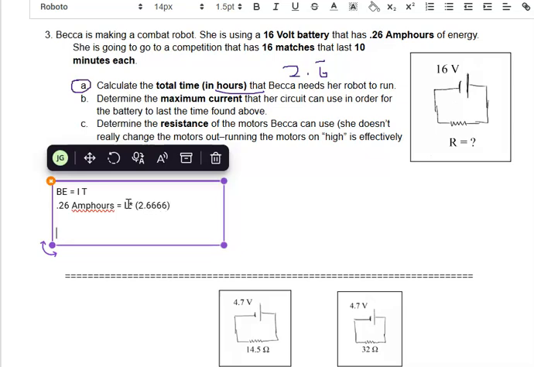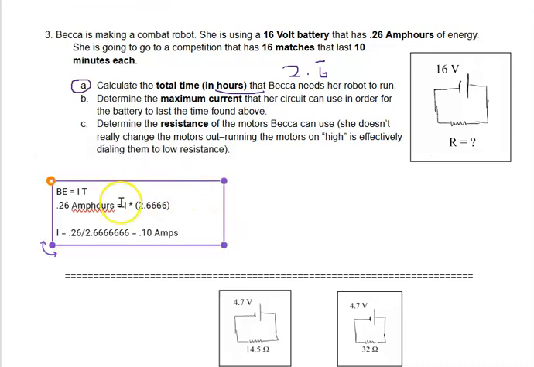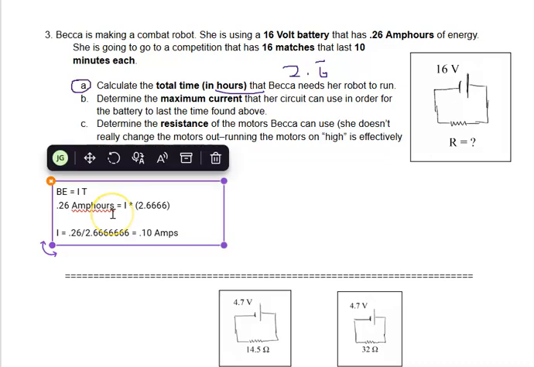Okay, so divide both sides by 2.6 repeating, and I equals 2.6 divided by 2.66666 equals 0.10 amps, a tenth of an amp. Okay, that is the answer to B.